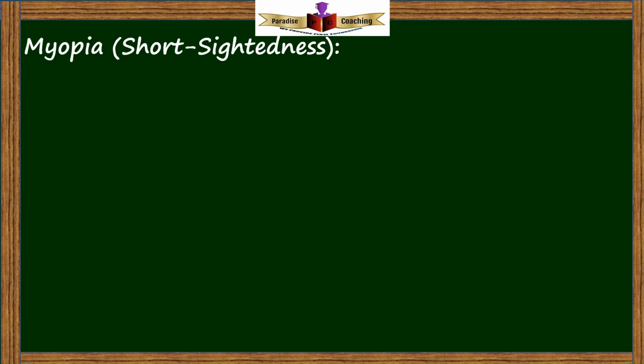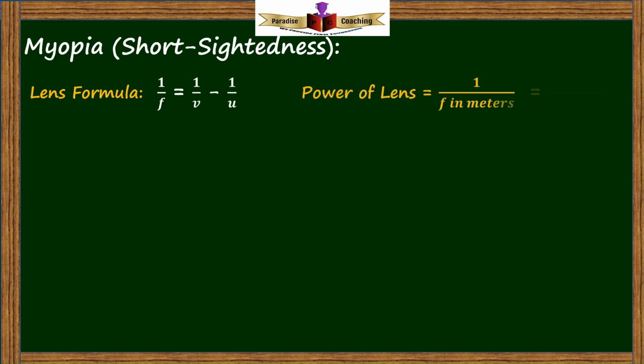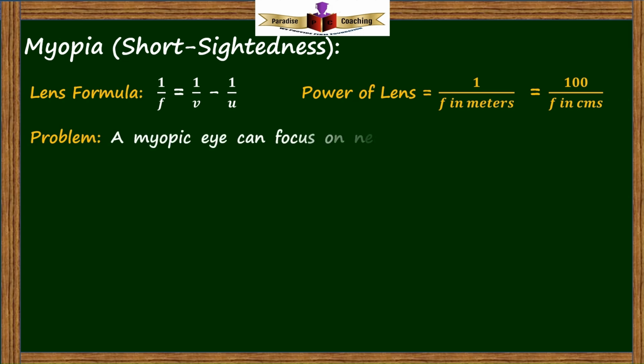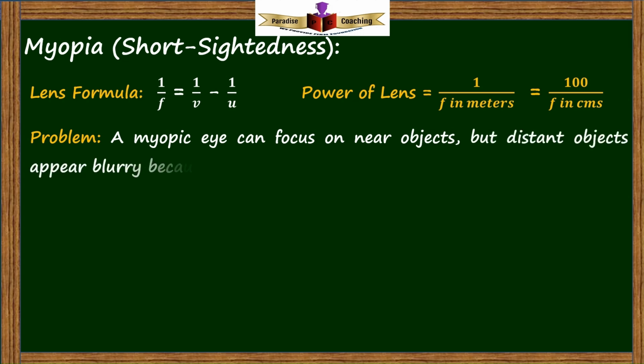Myopia, short-sightedness. Problem. A myopic eye can focus on near objects, but distant objects appear blurry because the eye's lens focuses light in front of the retina.